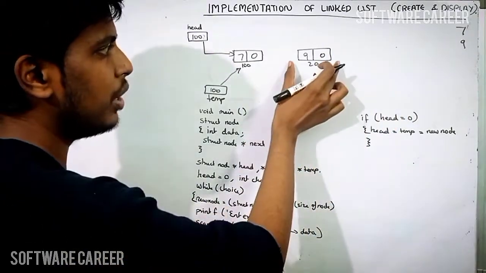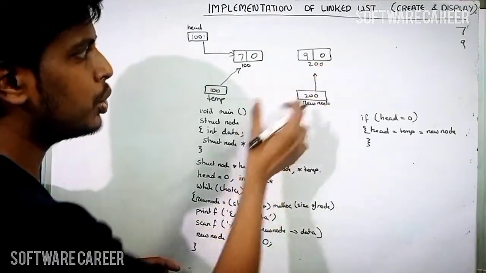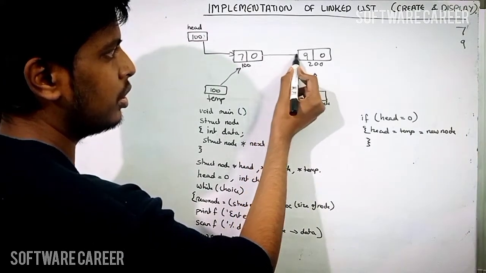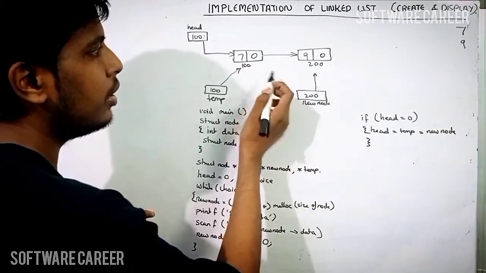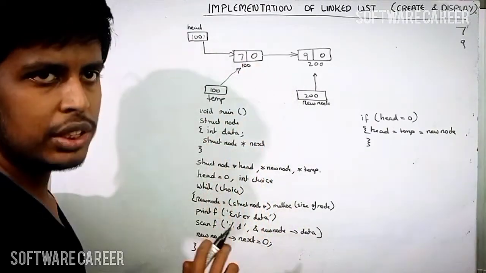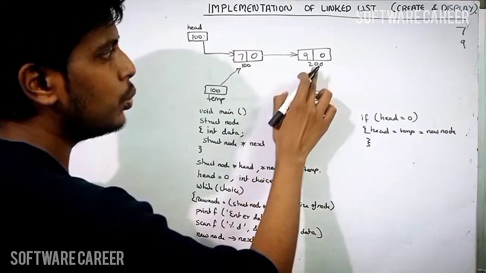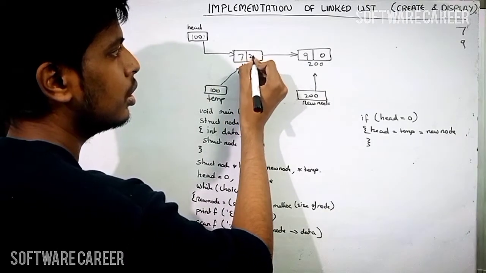Now you have created a new node and you should fix this as the second node. How should you fix it? For that I should create a link between these two. Now how can I create it? For that, in the pointer part of the previous node, I should store the address of this new node. Now 200 is the address of the new node, so I should store here 200.